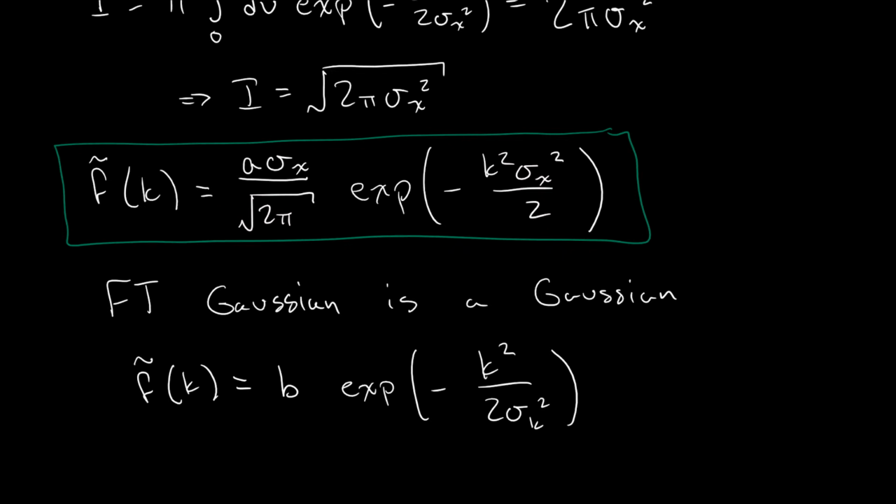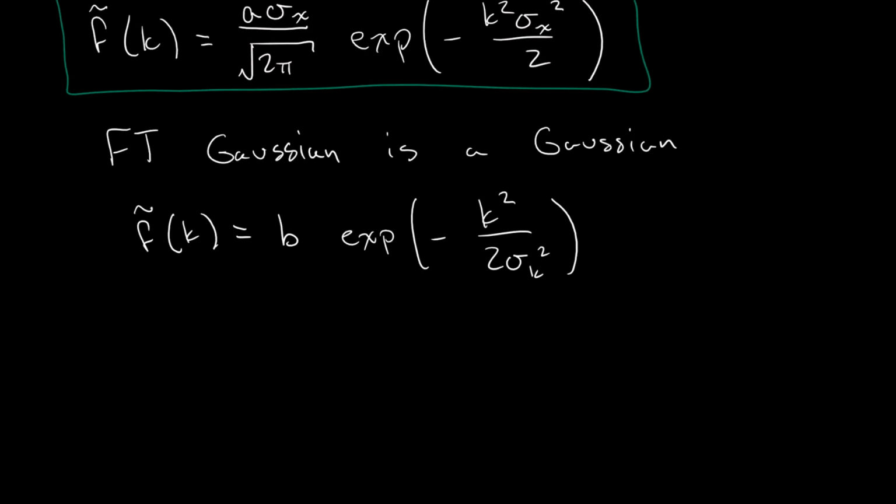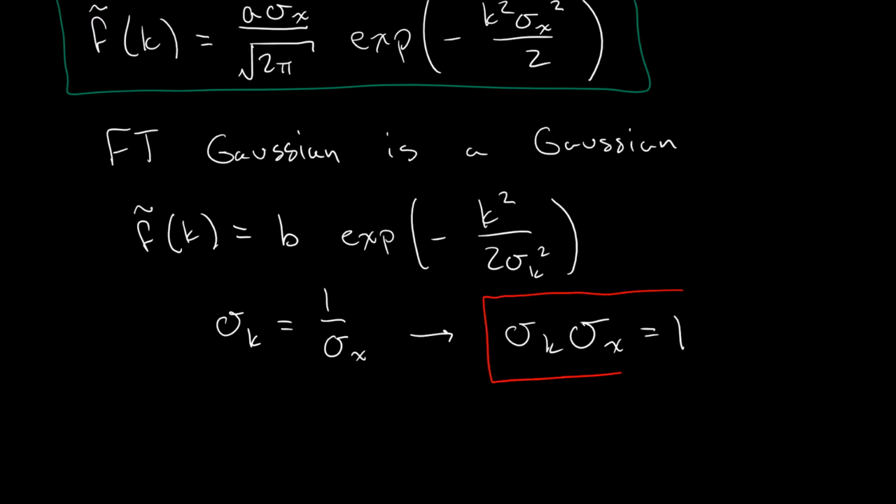We see that sigma k is equal to 1 over sigma x, or rewriting this, sigma k sigma x is equal to 1. This is an uncertainty relation.